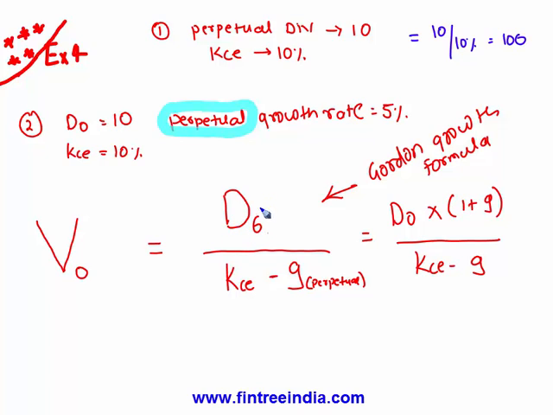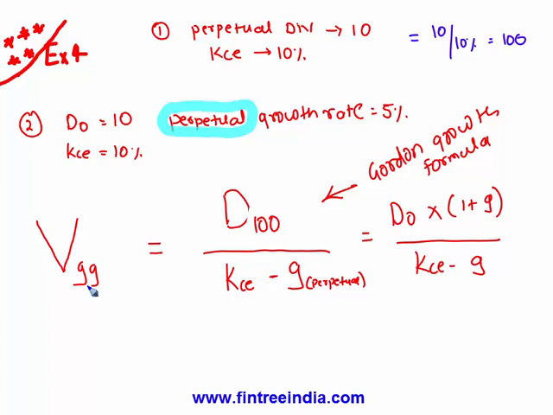So if you make D6 the numerator, you would get the value at year 5. If the perpetual growth is starting in year 10, then you will get the value of stock at year 9. If the perpetual growth is starting in year 100, then you would get the value of stock at year 99.